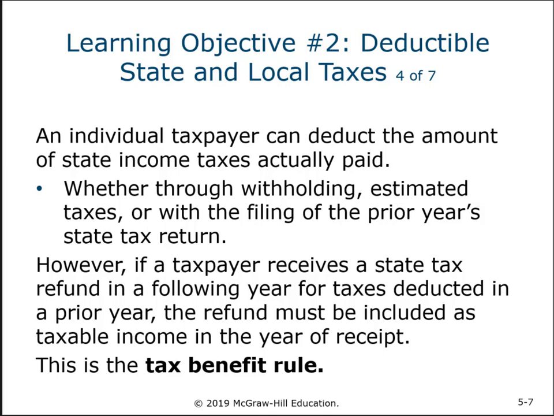If someone has itemized their deductions in the past and used state income taxes as one of those itemized deductions, you probably can assume that in the current year or in last year they're probably going to be able to do that, and you're going to investigate what that amount is so that you know how much of their refund is taxable. Of course, refer to the tax benefit rule.